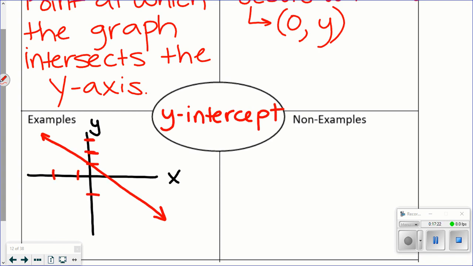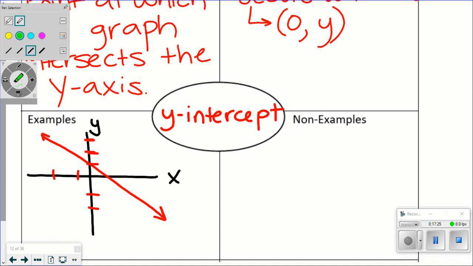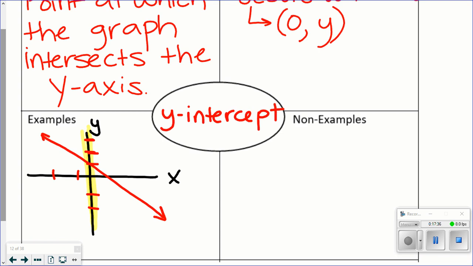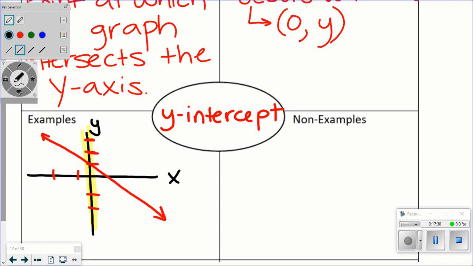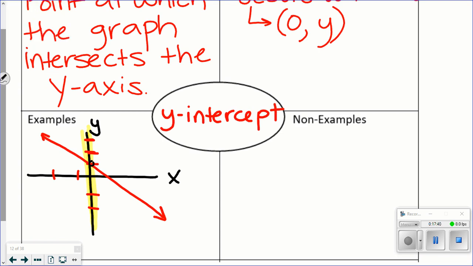Okay, if we're looking at this graph, remember it's where your line touches or crosses your y-axis, and your y-axis is your vertical axis, so up and down. So if I'm looking at this, my y-intercept is this point right here. This is my y-intercept, which in this case occurs at 0, 1. We went up one spot, one space.